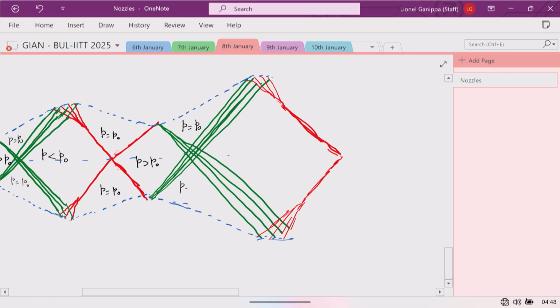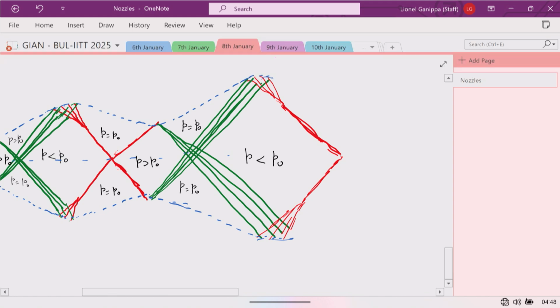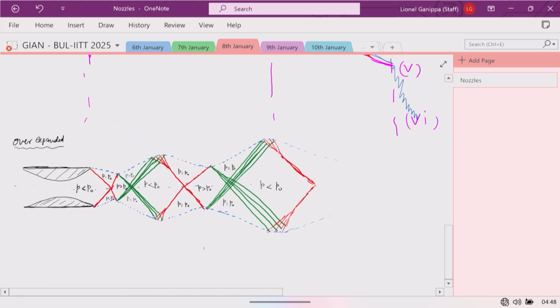The pressure will expand, then P will be less than P naught. Then the flow jumps. And this process continues until there is energy left for this process to continue. So this is what we call the shock diamond structure. This happens for an overexpanded nozzle.